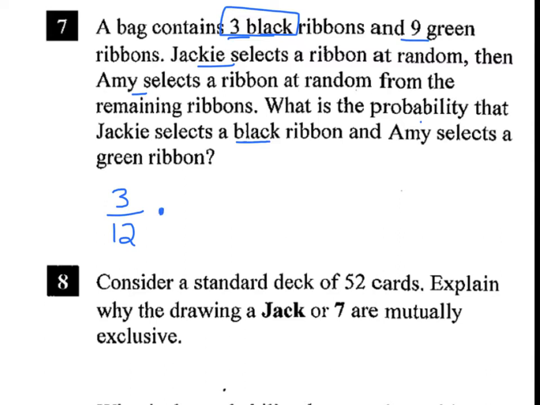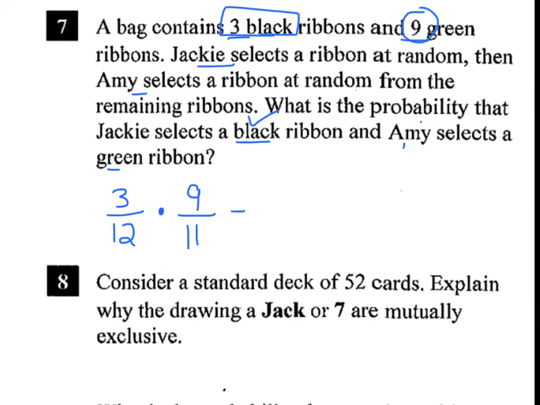And so we multiply, then Amy's going to choose. Well, now there's only 11 ribbons in the bag, and Amy wants to select a green one. Well, you assume that Jackie got what she wanted. You assume she took a black one, which means that even though there's 11 ribbons left in the bag, there's still all 9 green ones, which is what Amy wants.